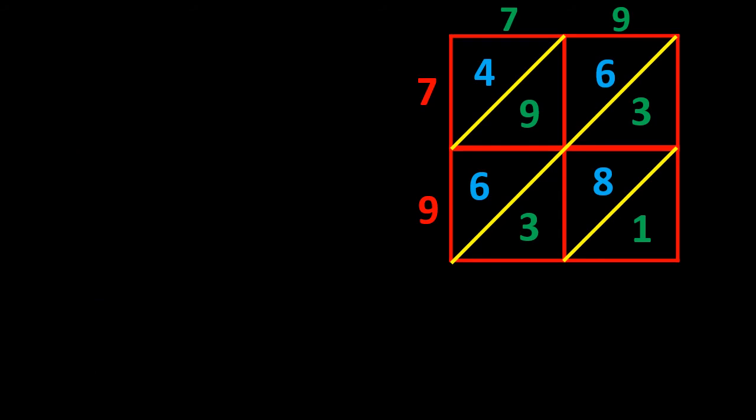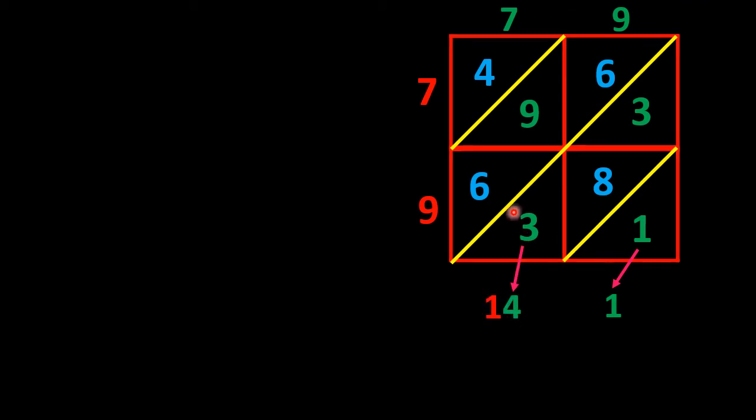Now we have to add the numbers which are between the diagonals. From here only one number is there, so we write 1. Then between these two diagonals there are three numbers: 3, 8 and 3. If you add these three numbers you will get 14.